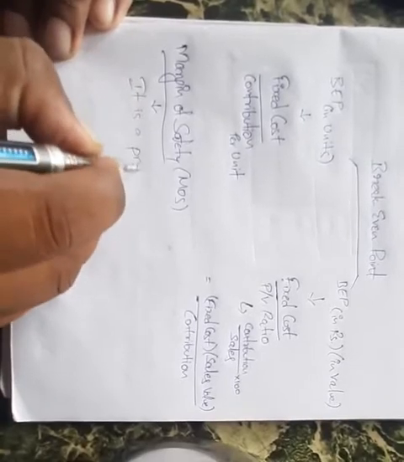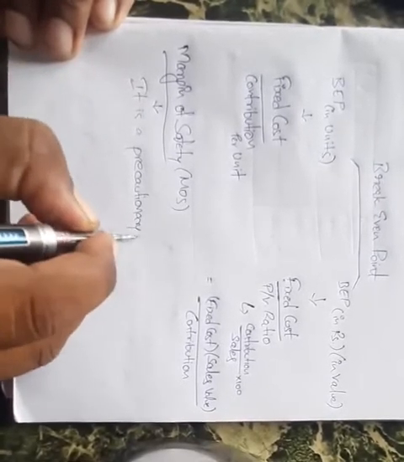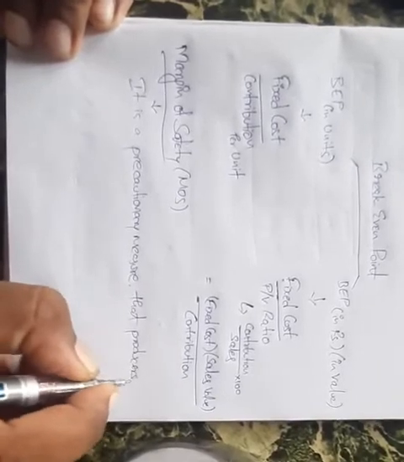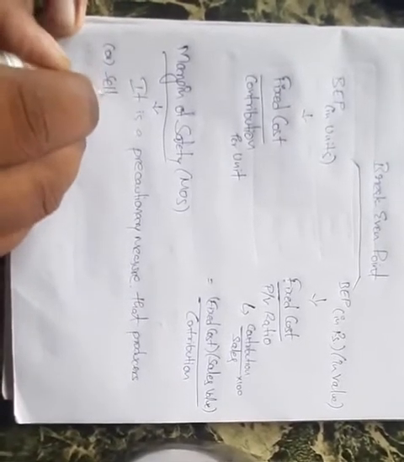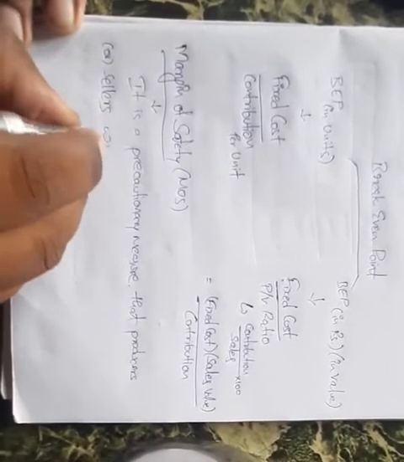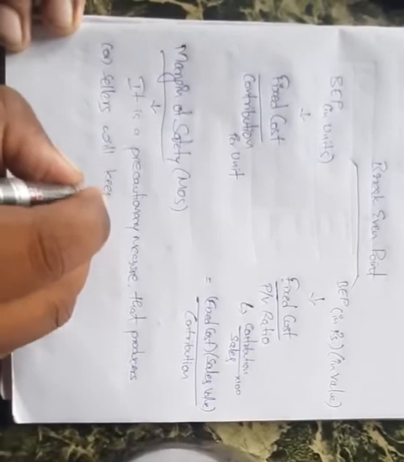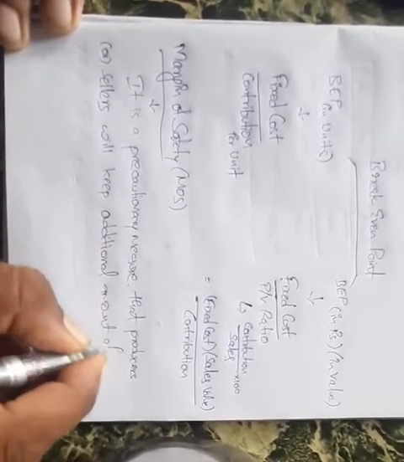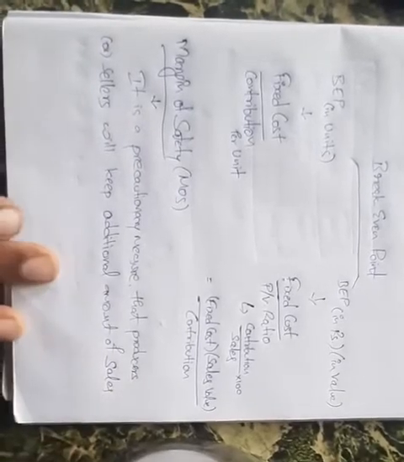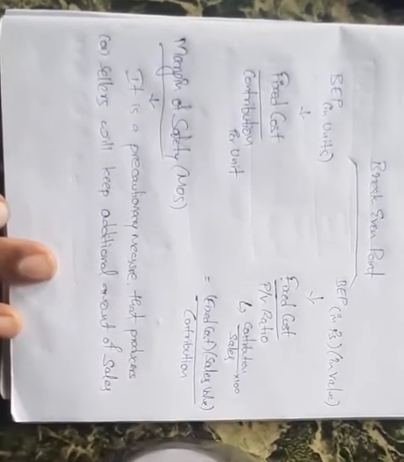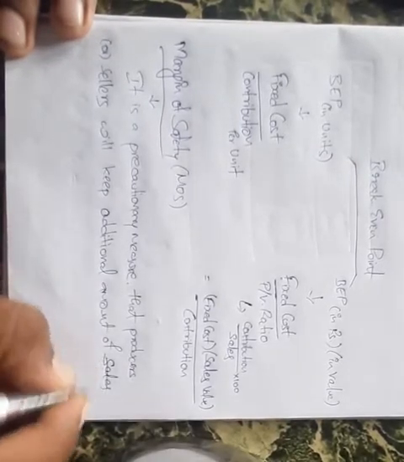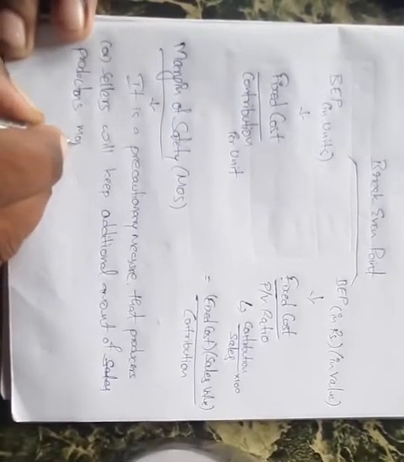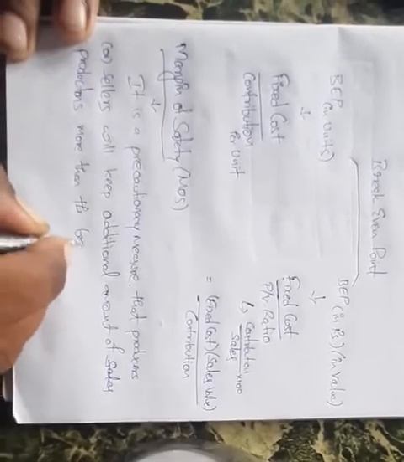It is a precautionary measure that producers or sellers will keep: additional amount of sales, additional amount of production, more than the break-even.